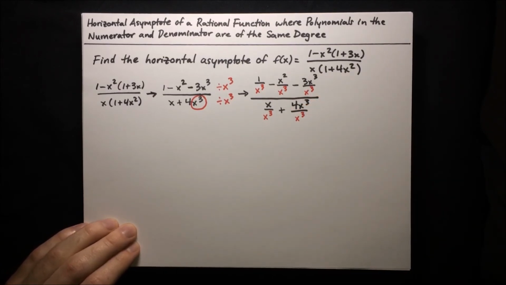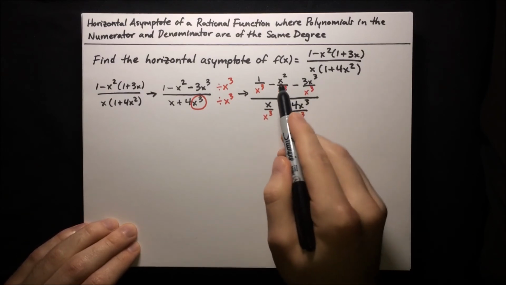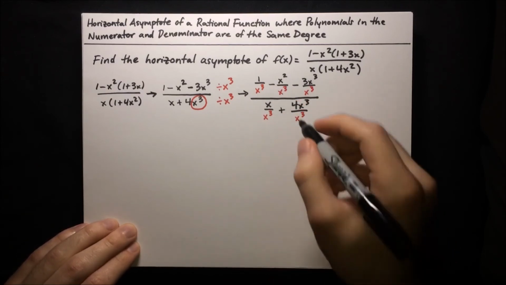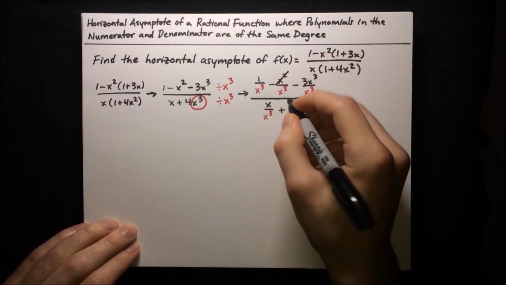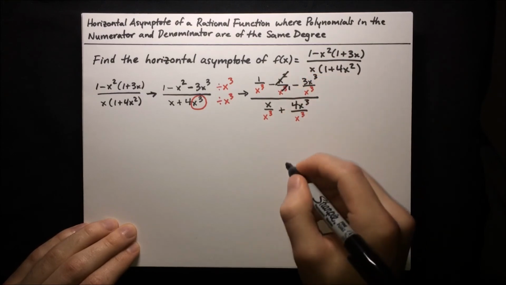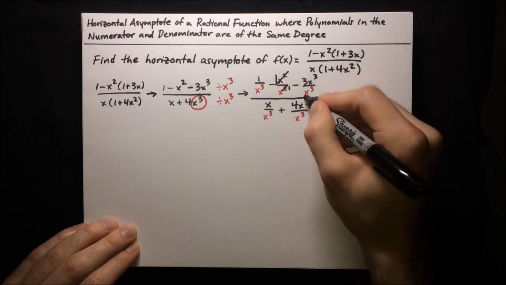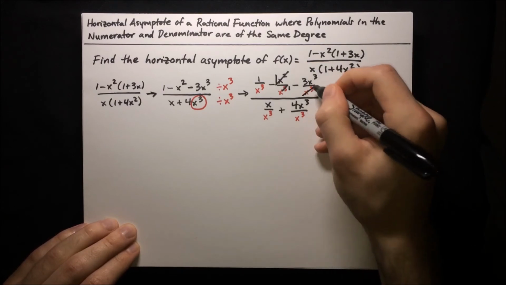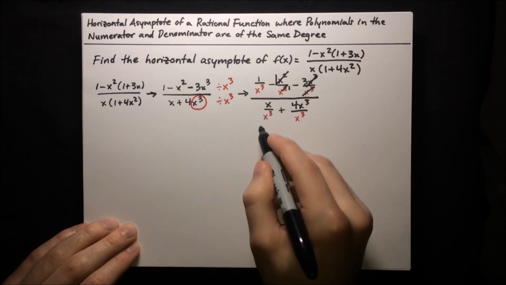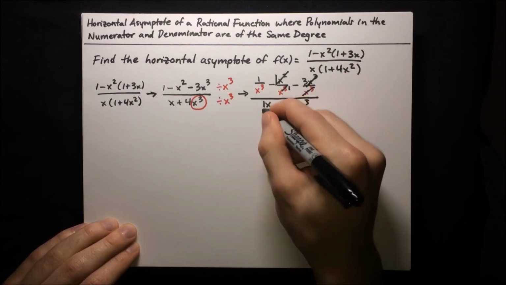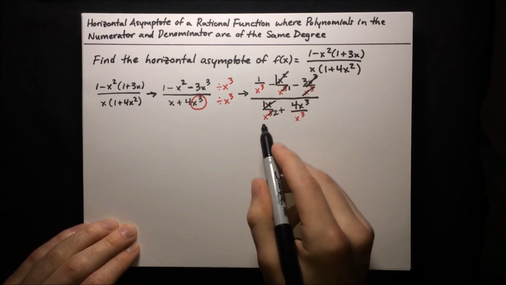Great, so now it's time to go ahead and simplify this monstrosity here. So x squared over x to the third, well, we can cancel out this x squared and then change the 3 to 3 minus 2, which is just 1. So this is just 1 over x to the first power. And then the x cubeds in the denominator and the numerator cancel here. So just 3. Then here we can cancel out this 1x and then change that 3 to a 2 because we're decreasing the power by 1.